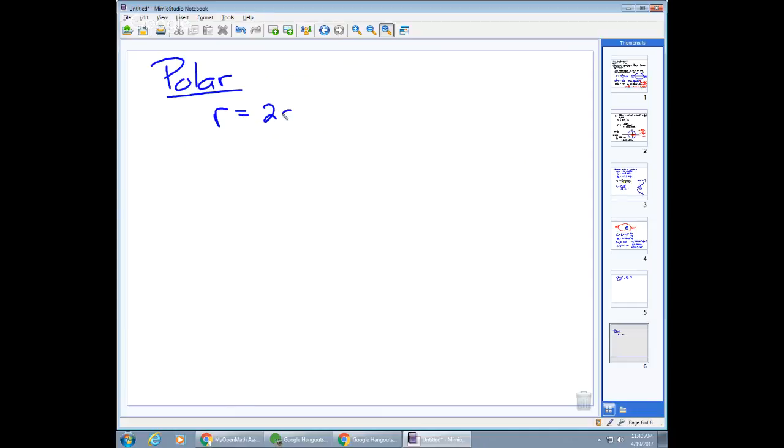So r equals 2 cosine of theta. Before I graph it polar-wise, I just want to think about it rectangular for a moment. And our connection between rectangular and polar is this triangle right here. According to this triangle, the Pythagorean theorem tells me that r squared is equal to x squared plus y squared.